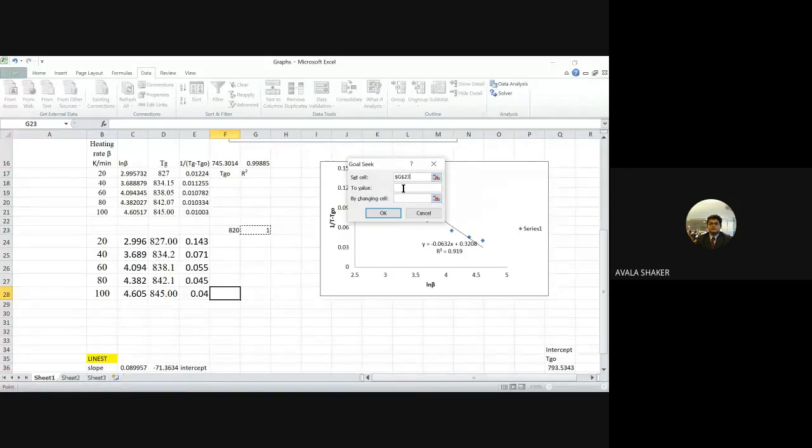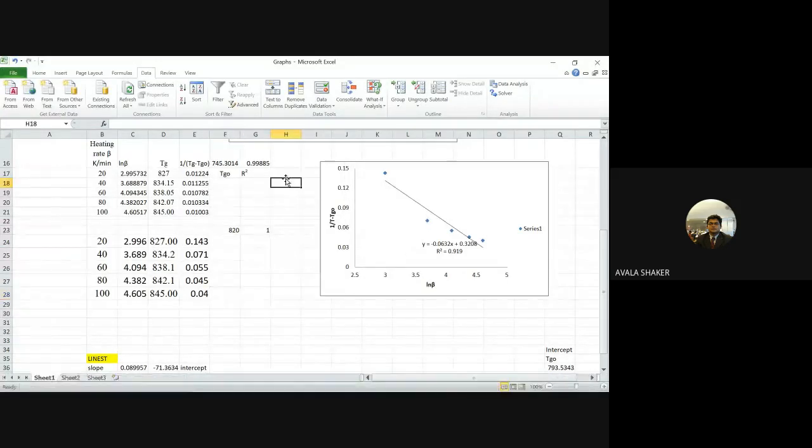Set to value to... yeah, okay. We'll have to set this value. R square. So there's a function that says square.